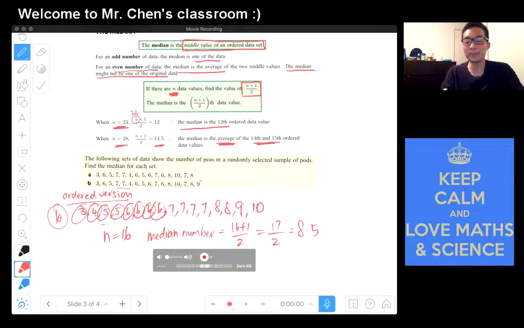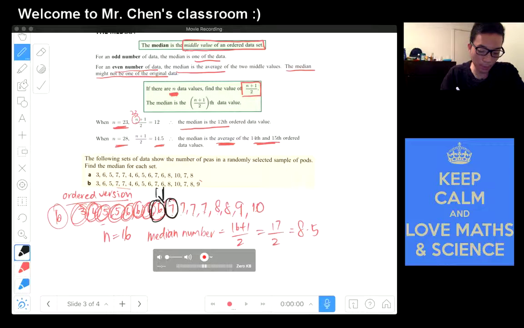That means the number lies between 8 and 9. You count 1, 2, 3, 4, 5, 6, 7, 8, and 9 right here. I'm going to use a different color. So this 6 and 7 are right in between here.